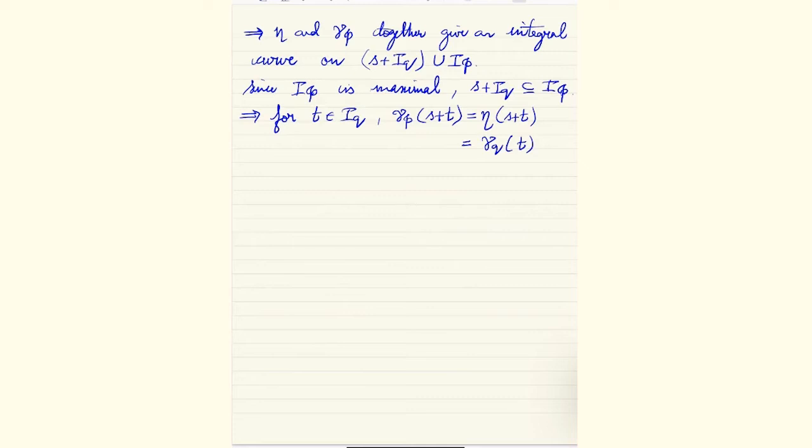The difference between gamma P and gamma Q is merely the time it takes to go from P to Q, that is S.